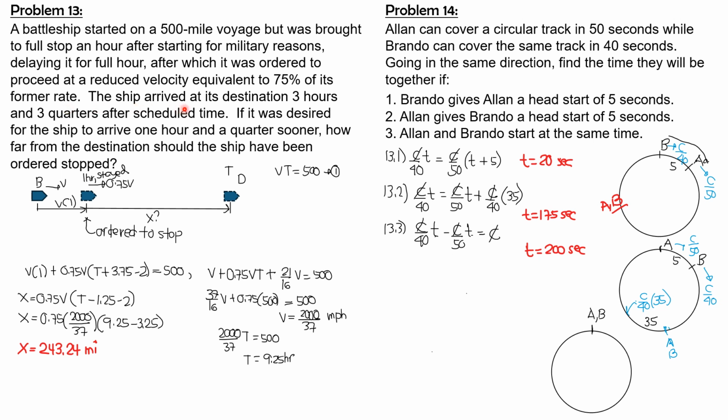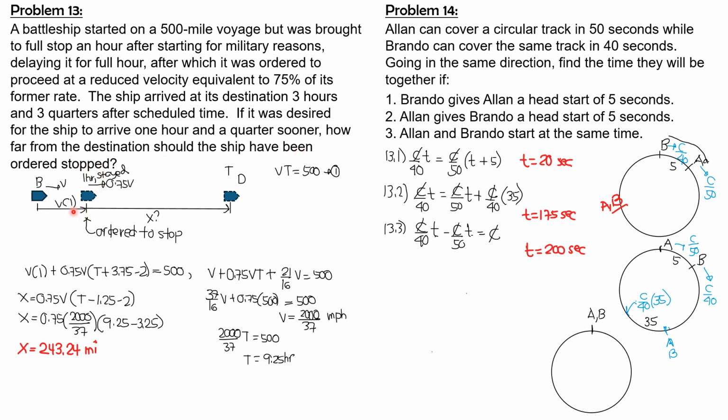The ship arrived at its destination 3 hours and 3/4, so that's 3.75 hours, after the scheduled time. If it was desired for the ship to arrive 1 hour and a quarter sooner, how far from the destination should the ship have been ordered to stop?